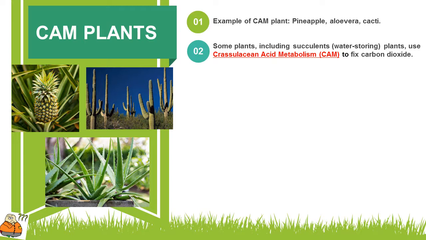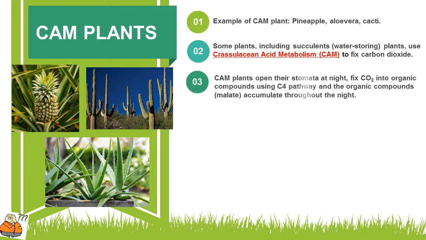CAM plants also use the same C4 pathway as C4 plants to maintain the level of carbon dioxide. They fix carbon dioxide the same way C4 plants do, except CAM plants fix everything in mesophyll cells. CAM plants open stomata at night, fix carbon dioxide throughout the night, and store the carbon dioxide in the form of organic compounds in the vacuole. Thus, we call it the CAM pathway.